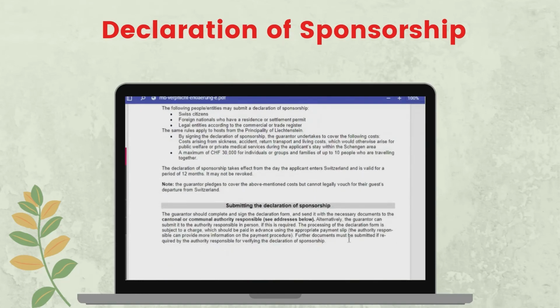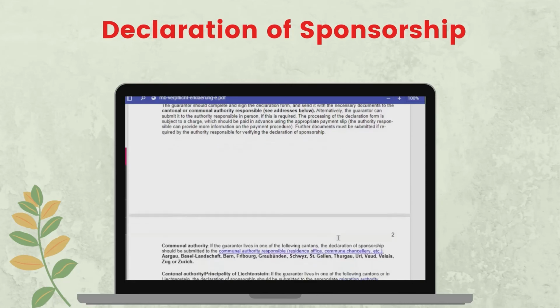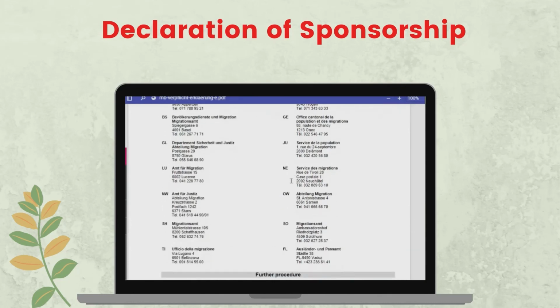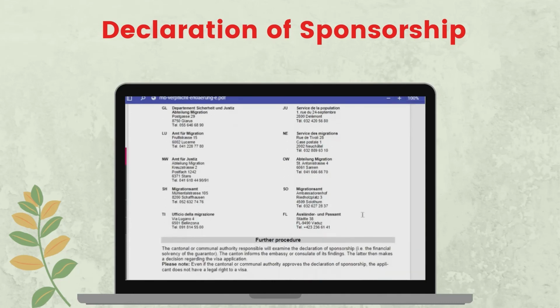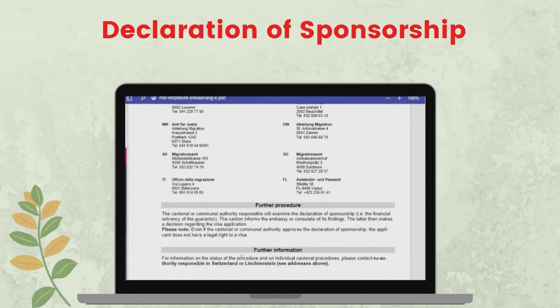So this declaration of sponsorship will be signed by the guarantor or the sponsor and submitted together with all the necessary documents to the cantonal or communal authority responsible for his residence. Again, this particular one that I'm showing you is specifically for Switzerland.